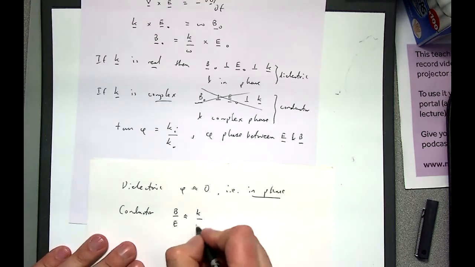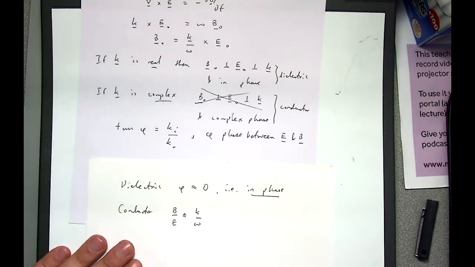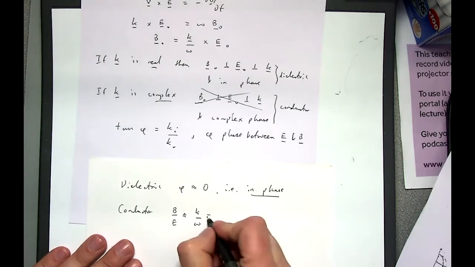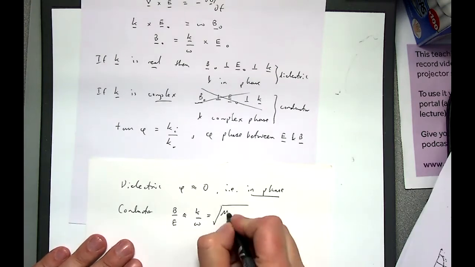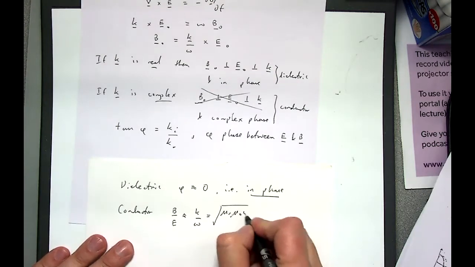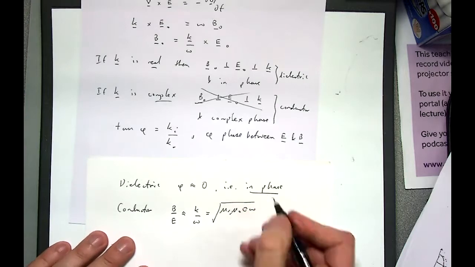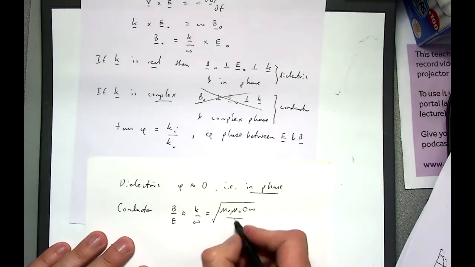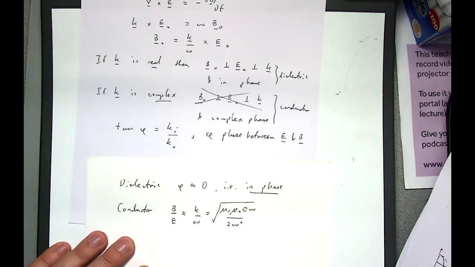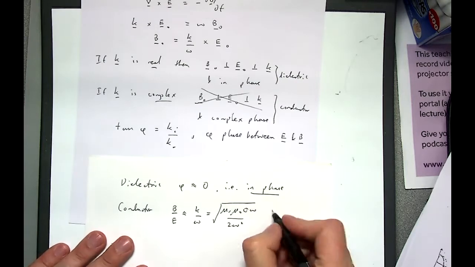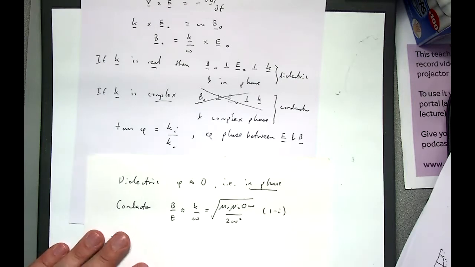It's still about K over omega, and we can calculate that as root mu r mu naught. So this was using the expression we got for a conductor last time. Okay, there's an extra omega squared that appears inside from that omega outside, and then we have that 1 minus I again, don't we? Okay.